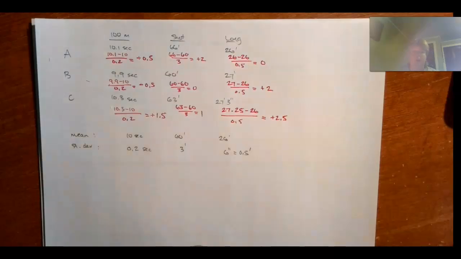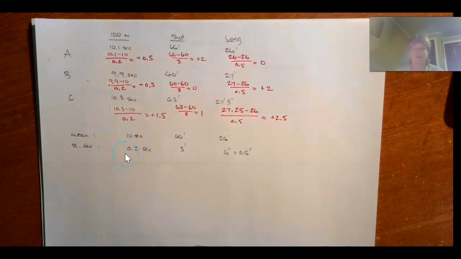All right, so here's what we just did. Hopefully you came up with something like this. So what I've done here is I've figured out first how far each competitor was from average. So for the first one, 10.1 seconds is 0.1 second off from the average. And then I'm going to use this measure of spread.